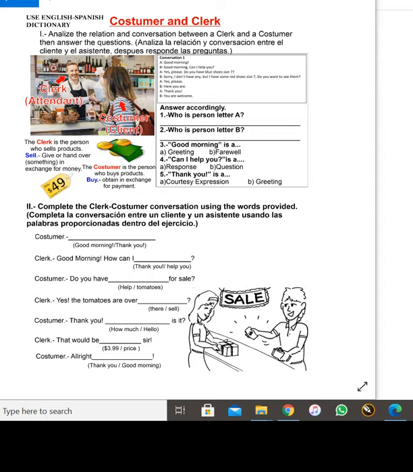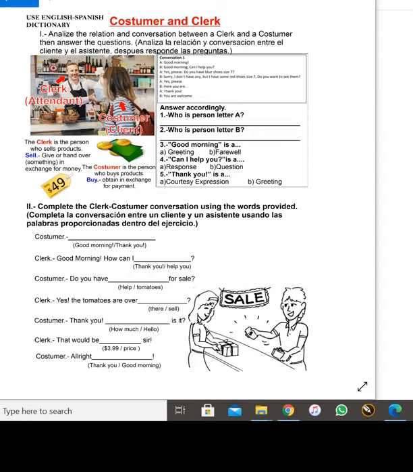Going to the next one, clerk. That would be either you say 3.99, which is the price of the tomatoes, or price. Price is a word, so it's not something you can tell the customer. So the right answer would be 3.99, sir.